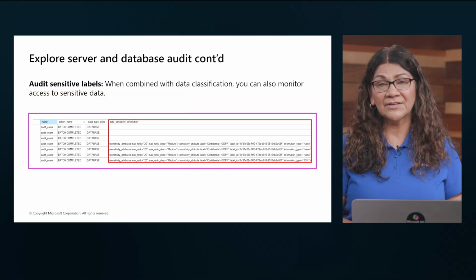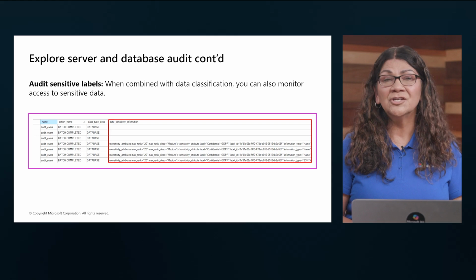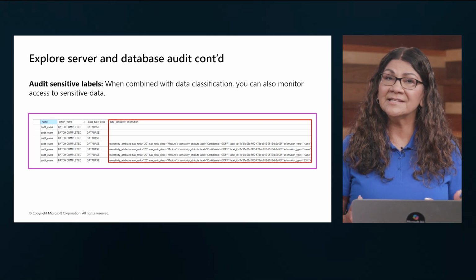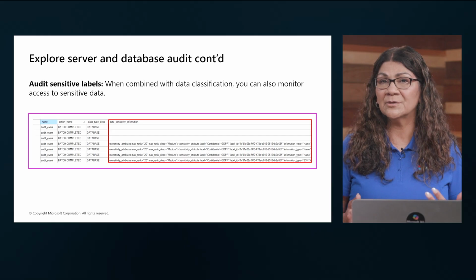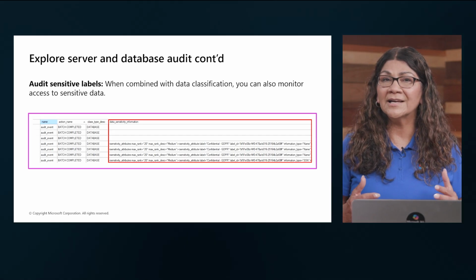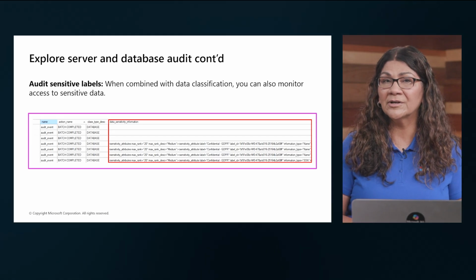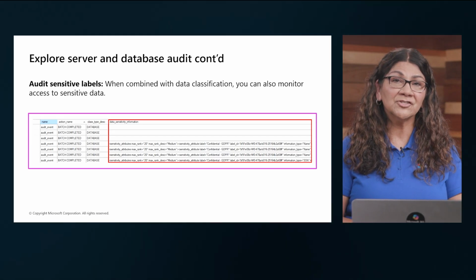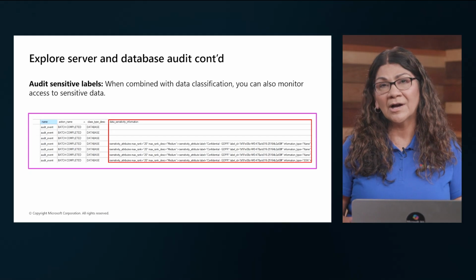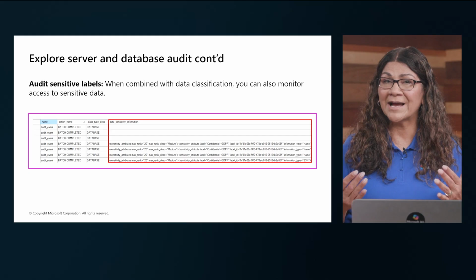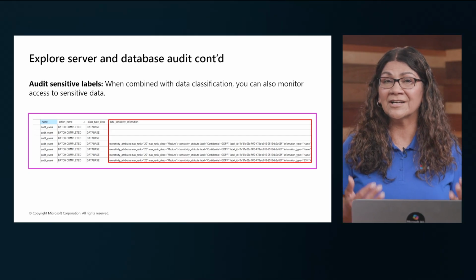Integrate data classification with auditing to enhance visibility into access to sensitive information within SQL databases by logging the sensitivity label of the data returned by queries, such as confidential GDPR or highly confidential. Auditing provides a powerful way to track access to classified columns.